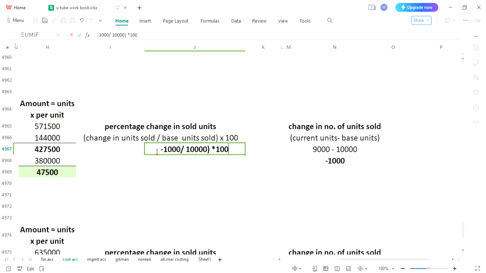Please note it down, because as I press enter, this will vanish. Change in units sold, how have we calculated it? You have subtracted the base unit from the current units. The change has come to minus 1,000, divided by the base units sold, 10,000, and this way you have completed your formula.